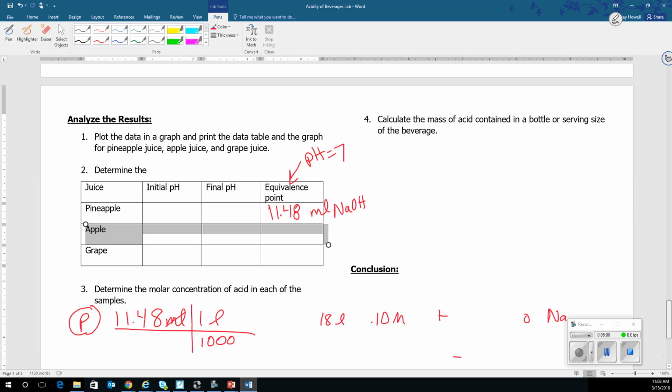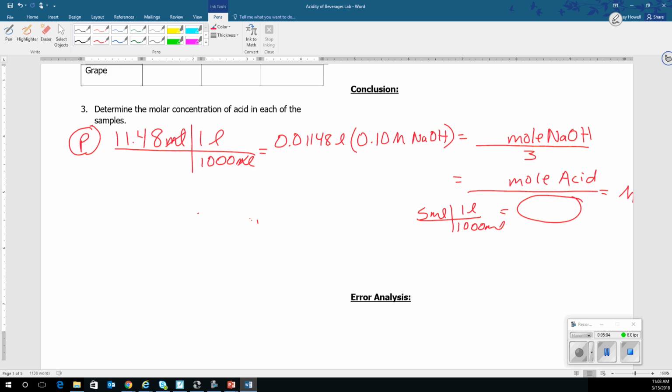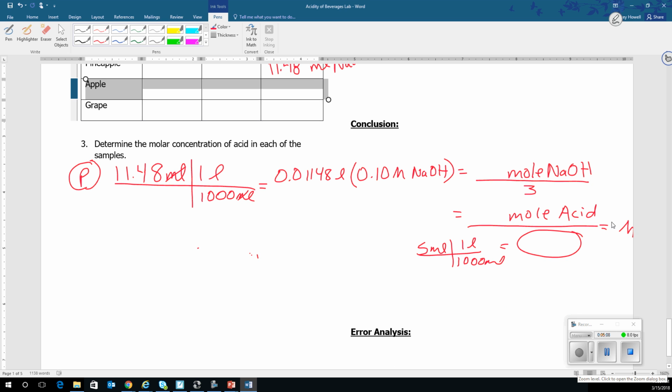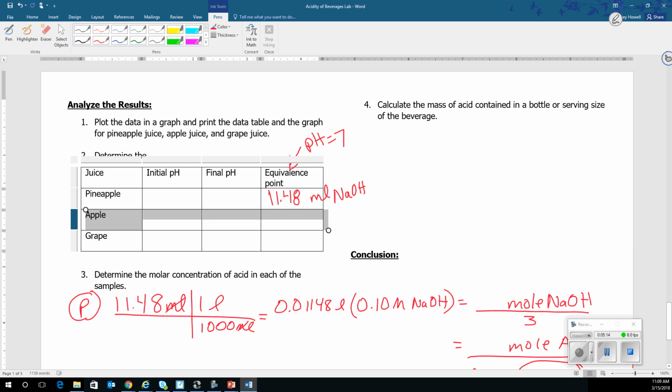Once I get this answer, whatever it is, I'm just going to call this answer X molarity. I'm going to go in the back and figure out how many milliliters of pineapple juice, and I'm just going to take a bogus number, 128 milliliters, as my serving size.